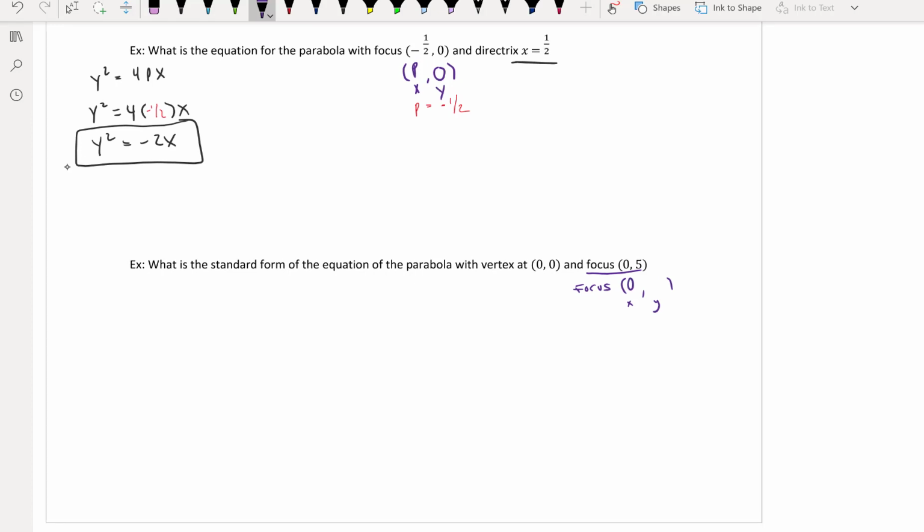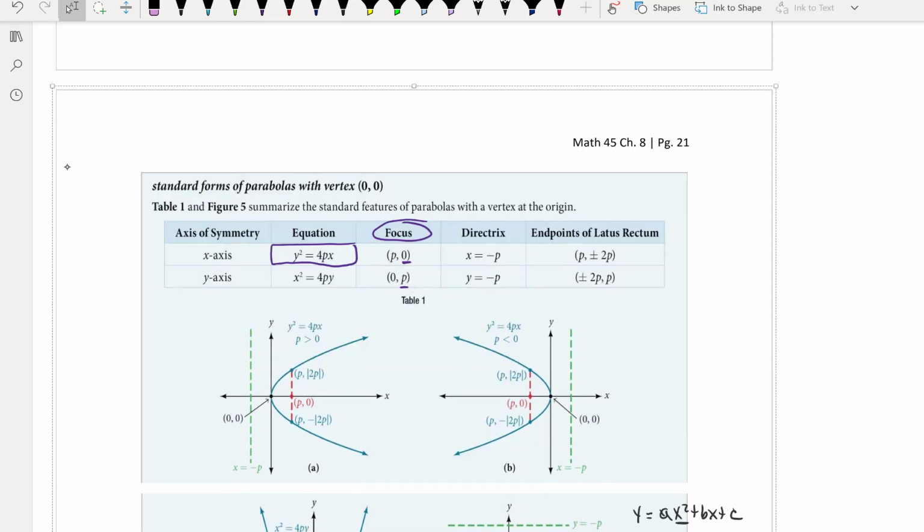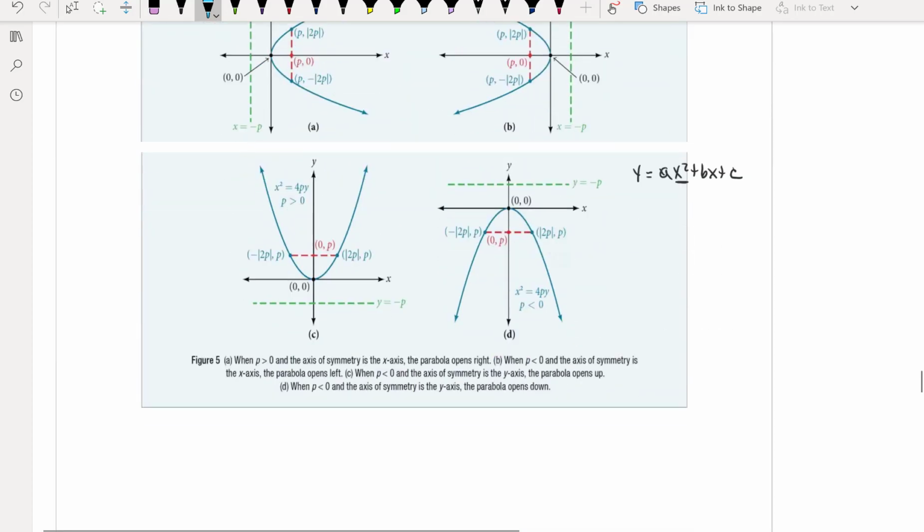So if you want, you can think about this by looking at the chart again. Now my information comes from my x value being 0. So here's my focus, and my x value being 0 is this one. So this is going to be the equation that I am looking at. So that gives me the x squared equation.